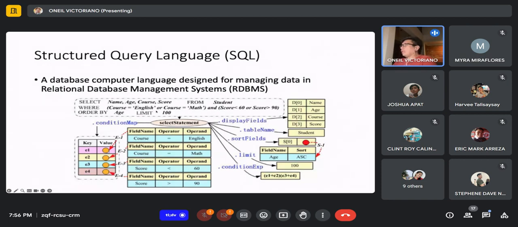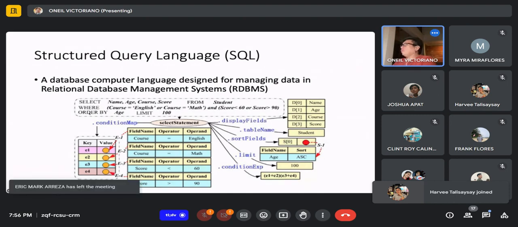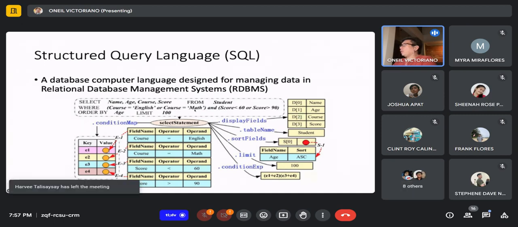There are keywords or commands for SQL like select, from, where, order by. Select the columns or fields from the student table, where a particular course or particular score, and order by, or sorted by age, and limit to 100 rows, no.